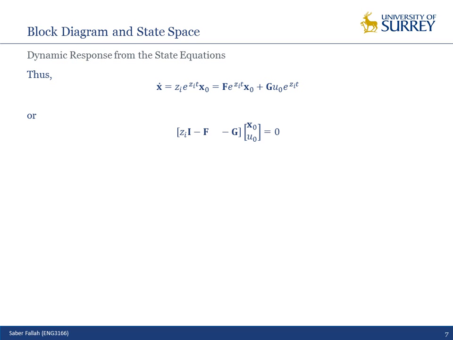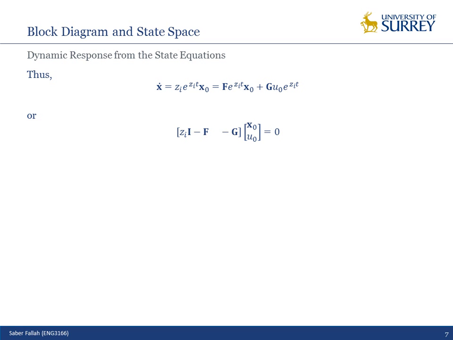So if I factor out x naught and u naught and rewrite in the matrix format, look here, I have zi e power zi t x naught equal to f e power zi t x naught plus g u naught e power zi t.